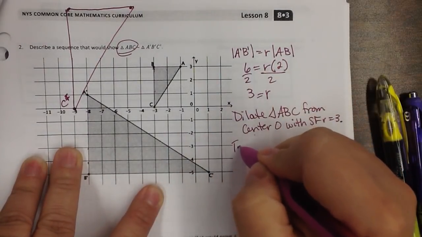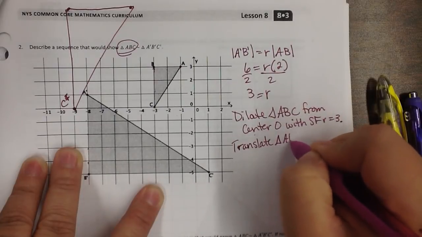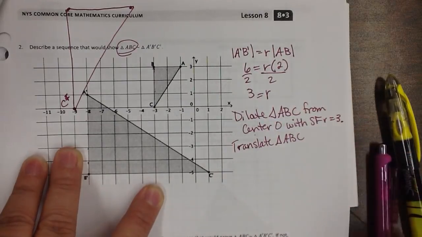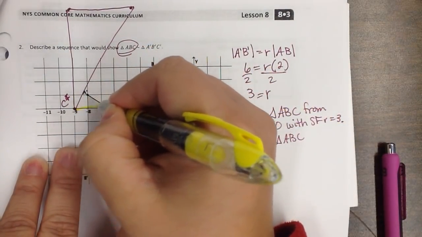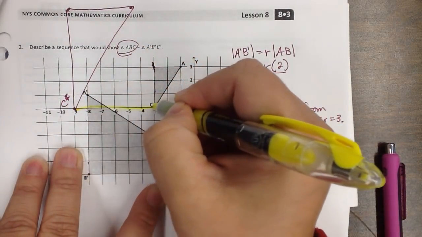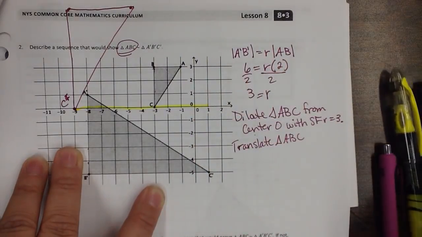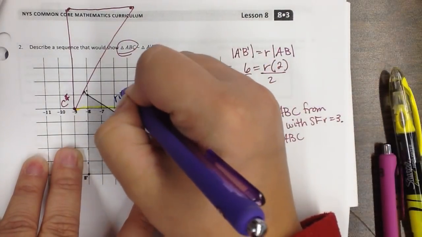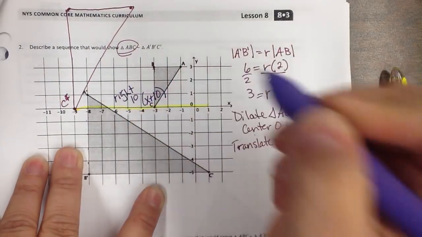I would translate triangle ABC, and because C is on the grid, I'm going to use it: 1, 2, 3, 4, 5, 6, 7, 8, 9, 10 to the right, so right 10 or x plus 10.